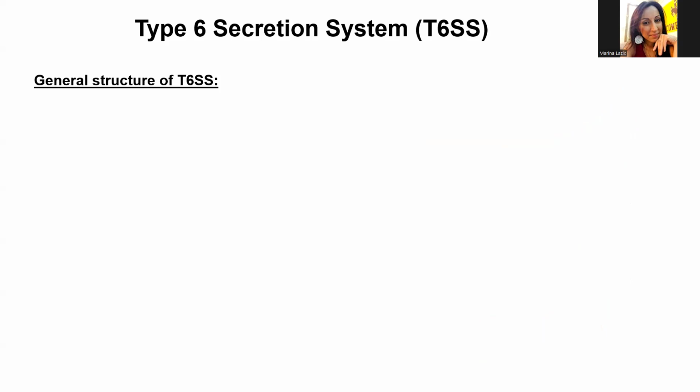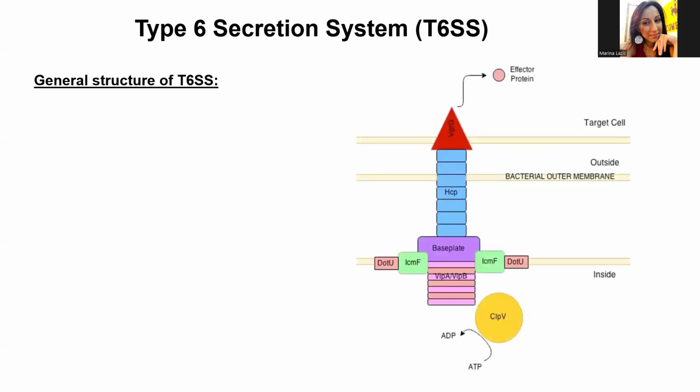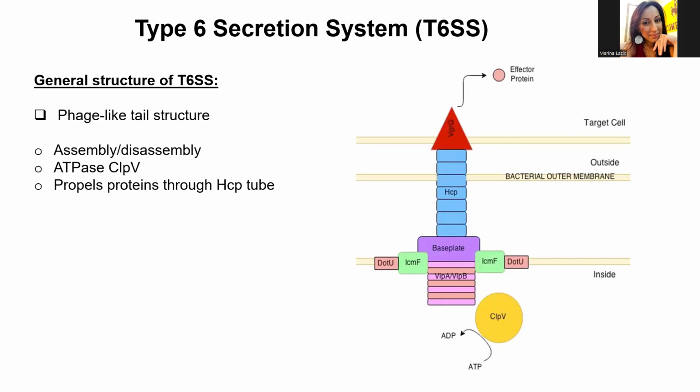So this is the general structure of type 6 secretion system. And again, similar to a needle. To me, this really looks like a phage. But generally, it's similar to the type 3 secretion system as a needle. It does have a phage-like structure, but type 3 is more like a flagellum.